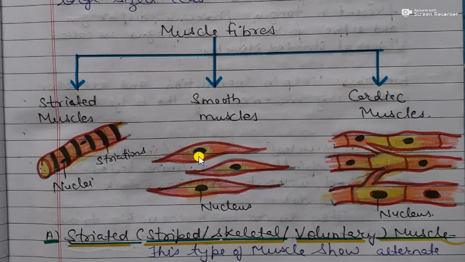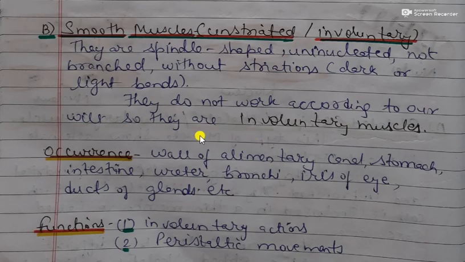The smooth muscles do not move according to our will, so they are also called involuntary muscles. Smooth muscles are found in the wall of the alimentary canal, stomach, intestine, ureter, bronchi, iris of eye, and ducts of glands.